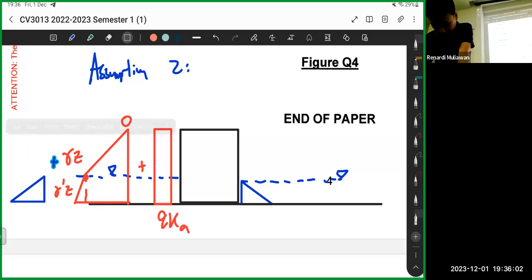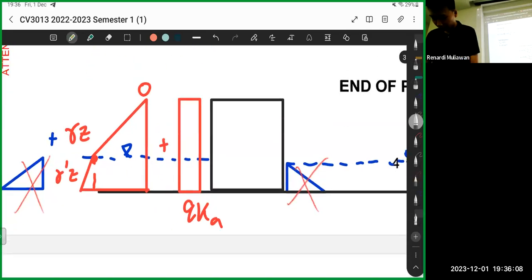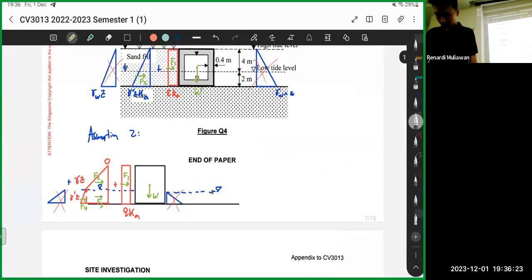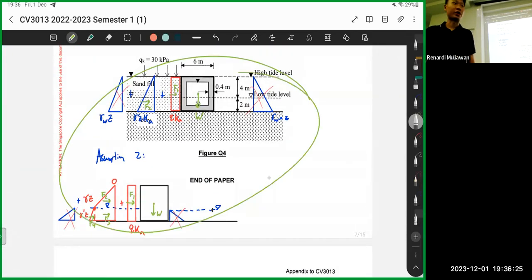Okay. So we have a few forces. This one we can assume to cancel. So all in all, we have F1, F2, F3, F4, and W. So again, we cannot know which one is more critical, right?